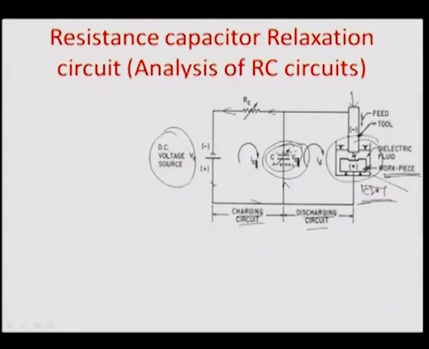This is the EDM part, the electrode discharge machining part of the setup, and supposing we have a feed in the downward direction provided to this tool, so that the condition of breakdown happens and a spark is created.